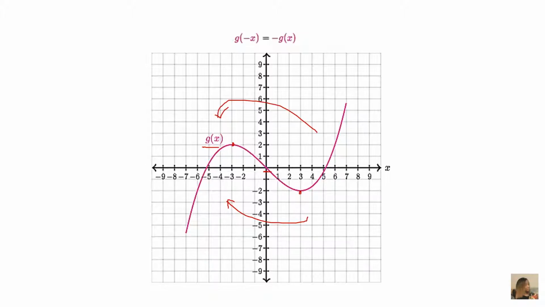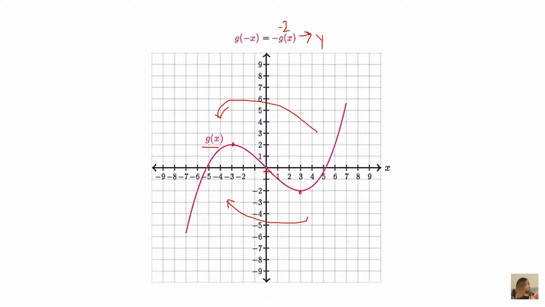Therefore, negative g of 3 should also yield a y value of 2. So g of 3 is going to be negative 2, and negative times a negative 2 equals 2. So therefore, that statement is true.